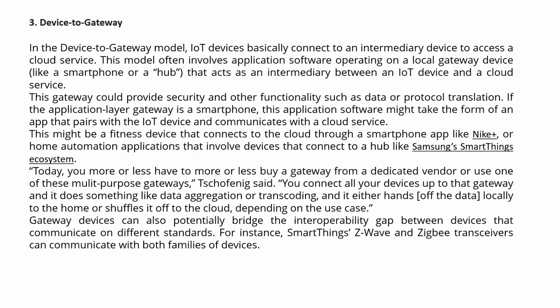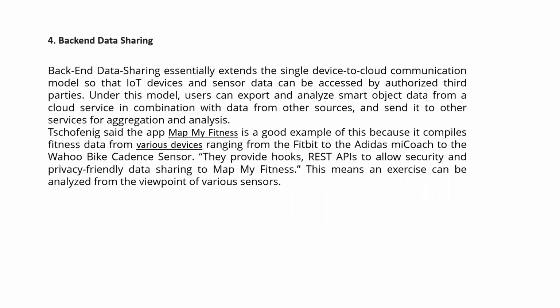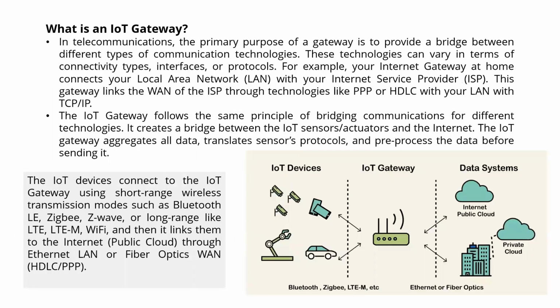Now let us see what the device to gateway model is. Here you should know what the gateway is in case of IoT. As you can see over here, the gateway is present between two things. IoT devices are there, data systems are there, and these two things are connected with each other by a thing called a gateway.